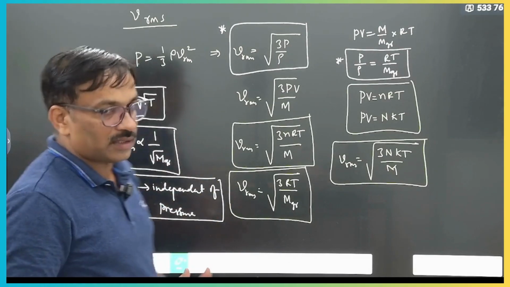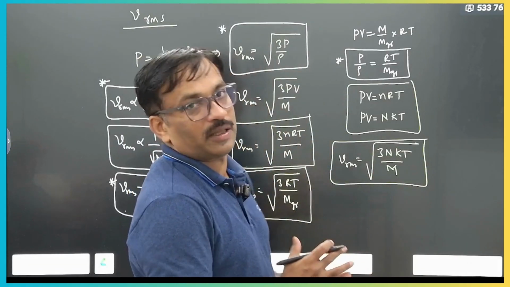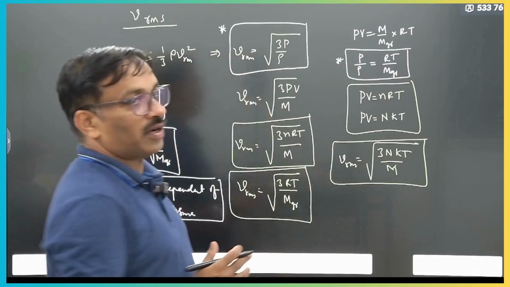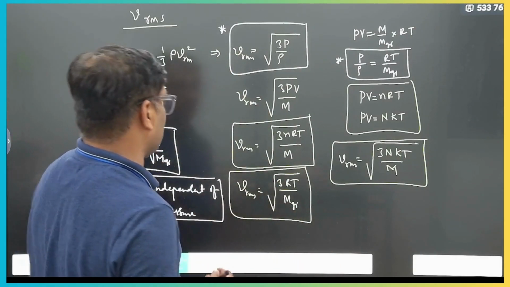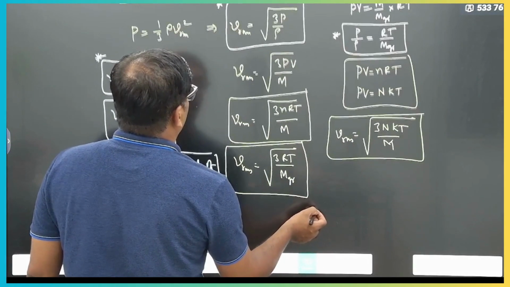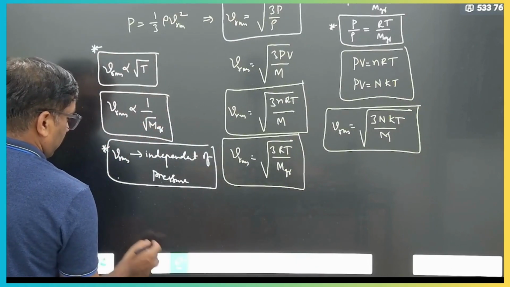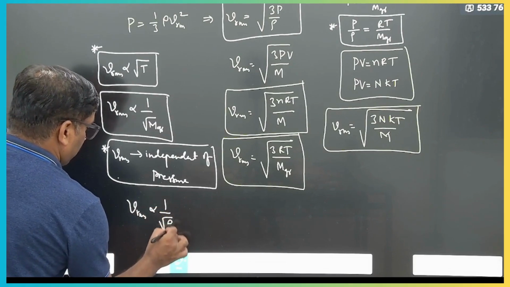If the same gas is there, and you are increasing the pressure, the RMS speed will not change. When you compare from one gas of higher density to another gas of lower density, what will happen now? RMS speed is inversely proportional to the square root of density.